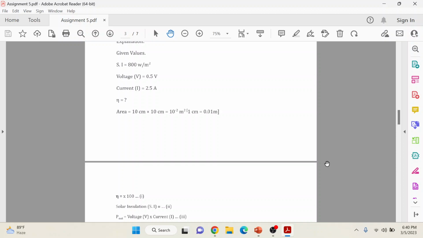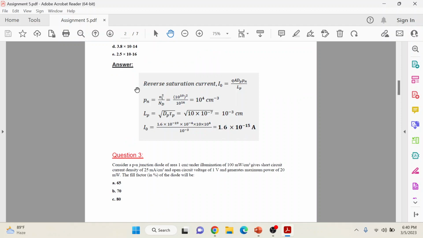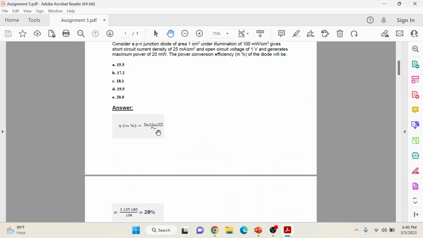Sir, fill factor is coming 64. Okay. So if you put it in the equation, then the final answer will be, this formula you can use, VOC ISC over power incident.